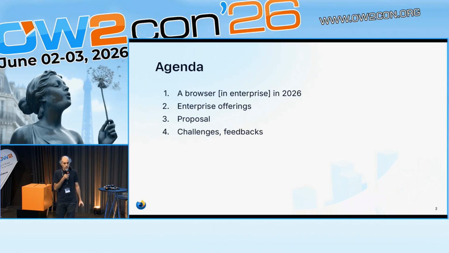So we are first going to explore what is a browser in 2026, because as we spoke with a few examples of browser engine, things have evolved a little bit. Then we will have a look at what is proposed by everyone in the market space, and how we are going to reply to those proposals.